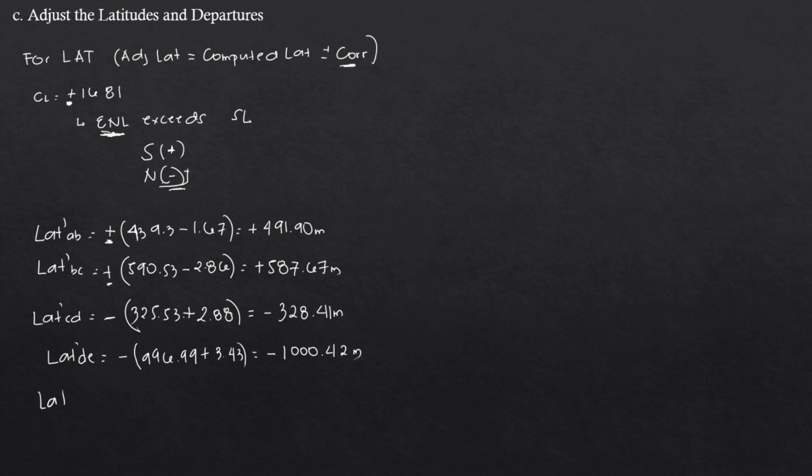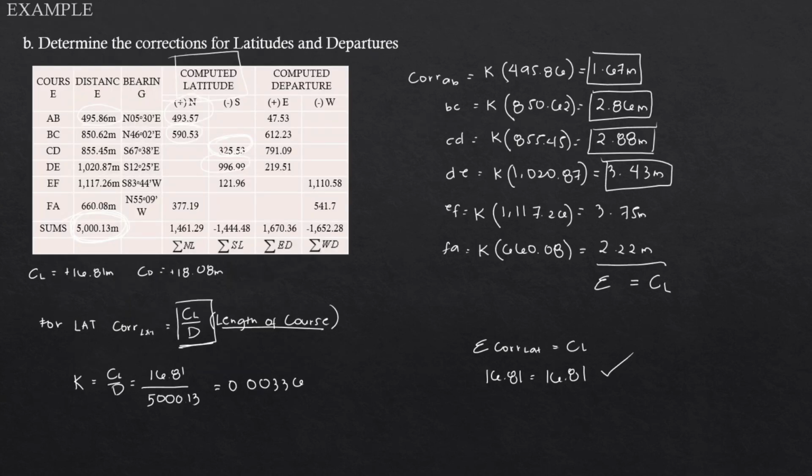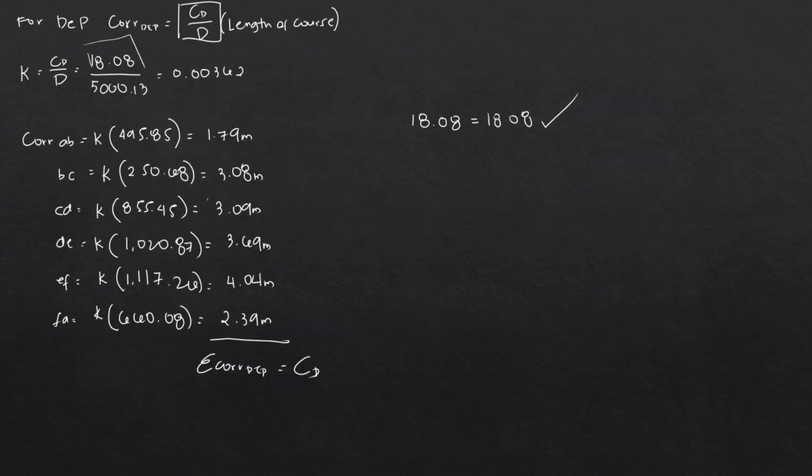Then, correction ng latitude sa course EF is equal to, so, EF natin is south, then correction is 3.75.